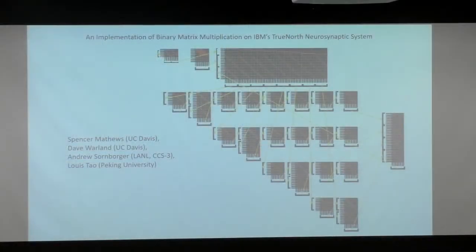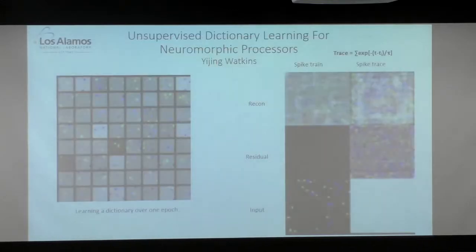We were interested in understanding how the resources would scale on the chip. This here is a 4-bit multiplier, and if you're interested in the details of how that works, please come and take a look at the poster.